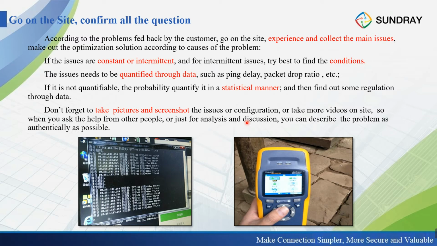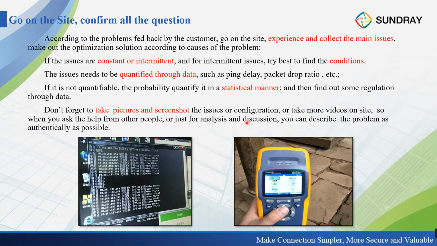In this project we usually encounter lots of weird issues, like one station sometimes can connect to the Wi-Fi, sometimes cannot. In this area they have good Wi-Fi speed, but when they move to another area the Wi-Fi speed is very slow. So for this kind of network usage we need to confirm if the issue is constant or intermittent. That's why it's very important.